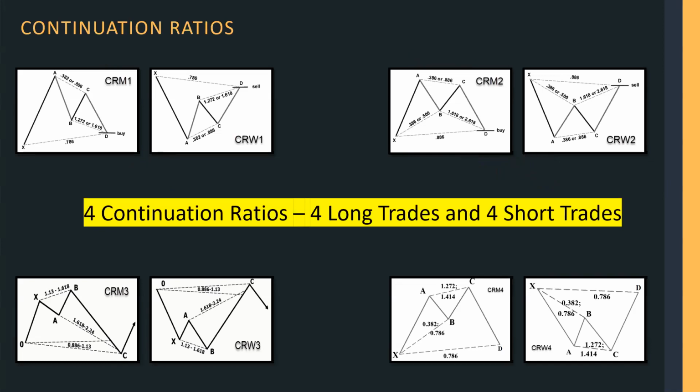So some of these are really deep corrections. Some of these are shallow corrections. Some of them are really large impulses. Some of them are really small impulses, right? So what we're doing is we're just taking different measurements of Fibonacci sequences, ABC ratio sequences in the market, and we're measuring the depth of the math. Does everybody understand that?